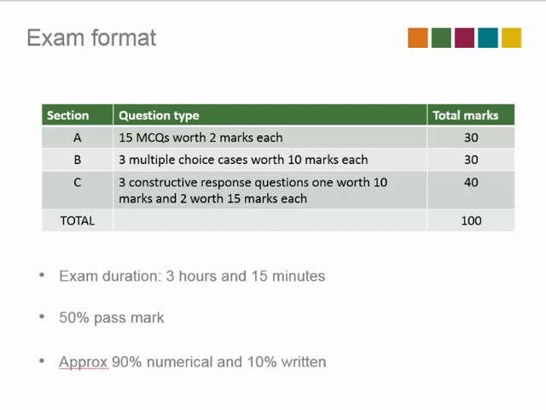So you can see now why income tax and corporation tax were the bigger areas of the syllabus. The ACCA never say exactly what the split is between numerical answers and written answers within the exam, but we found that over a period of time it's roughly 90% numerical and 10% written.